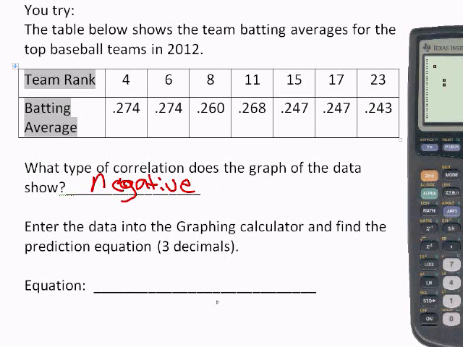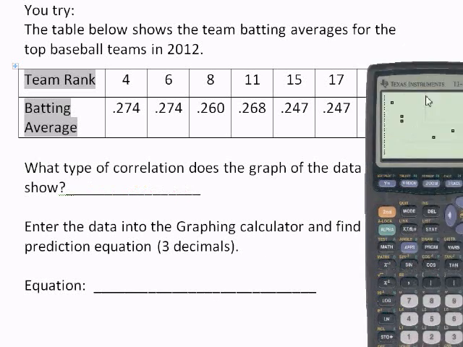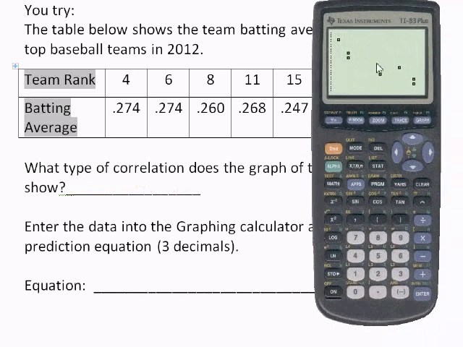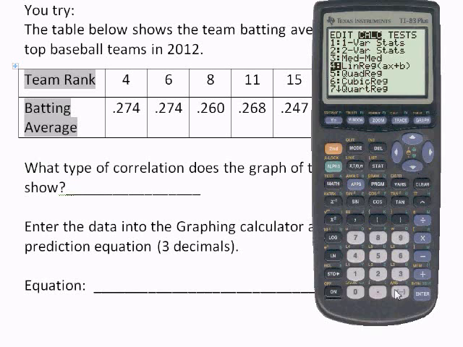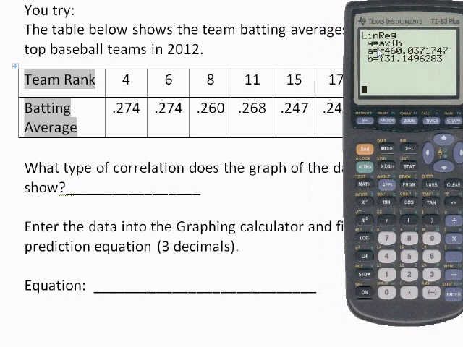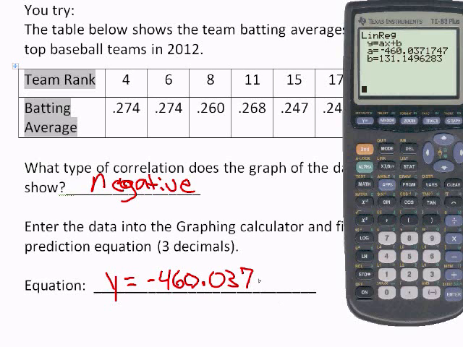The next thing it asks us to do is to go ahead and write the equation using up to 3 decimal places. To do that, we go stat, calculate, linear regression, press enter again, and we get our equation. Y is equal to negative 460.037x plus 131.1496.